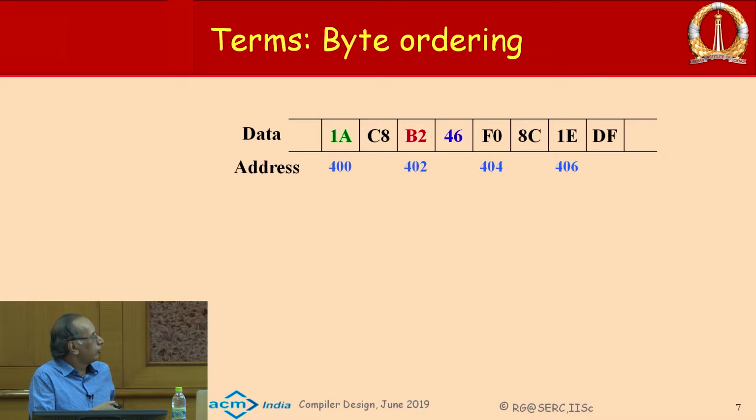But if you say fetch me 4 bytes starting from 402, which is an address which is not divisible by 4, depending on how the processor is, most of the processors today can actually access this 4 bytes of information starting from 402, but whenever it makes an access, the 4 bytes that come together will always be these 4 bytes or those 4 bytes, never these 4 bytes.